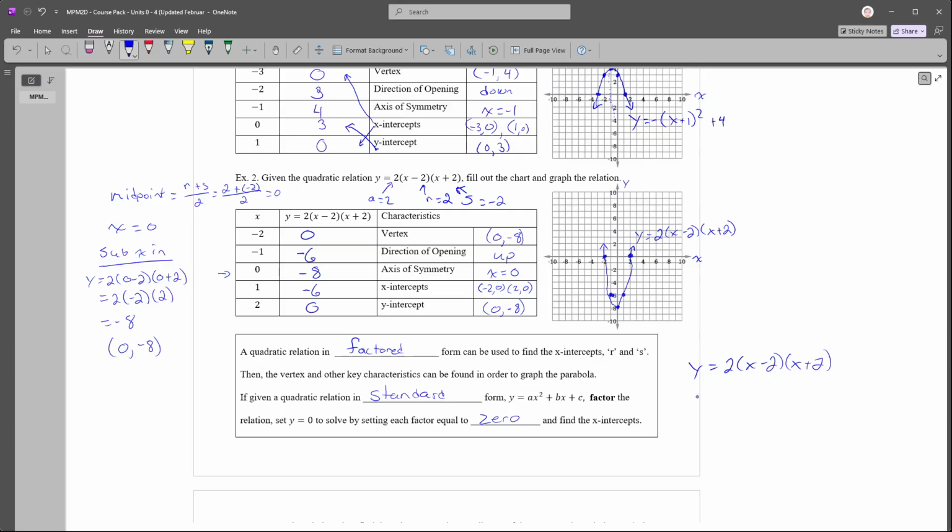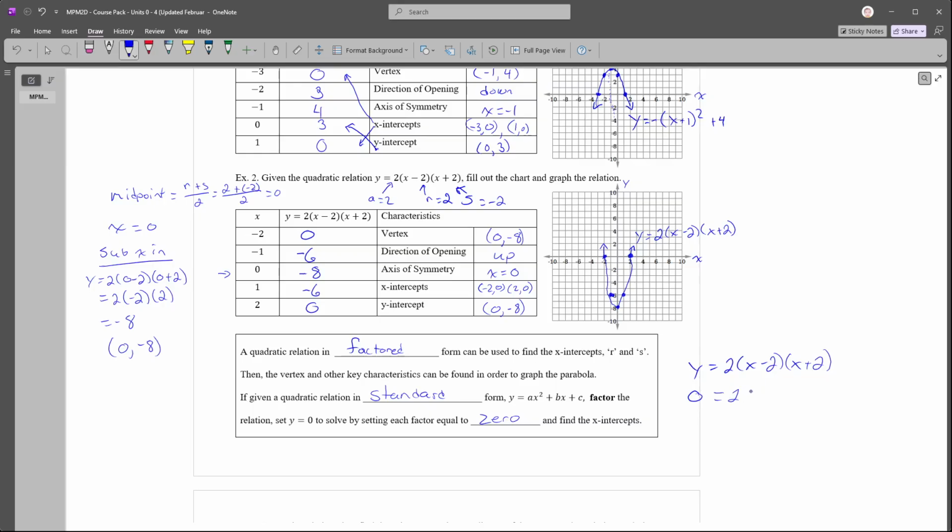What I'm saying here is if you set y is equal to 0, where is y equal to 0? That's the x-axis. That's what we're trying to find. We can find the x-intercepts, all the points where it touches the x-axis, which is when y is equal to 0. So if we set y is equal to 0 and just solve for x, we're good.